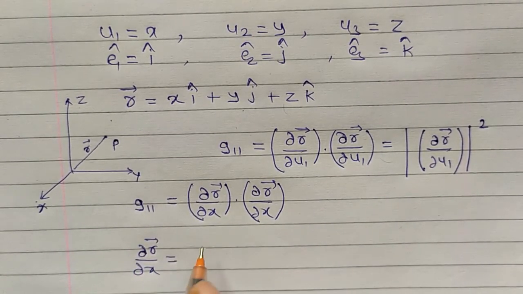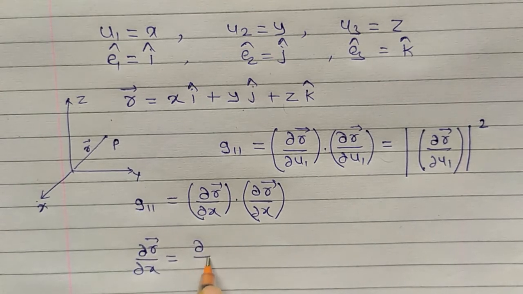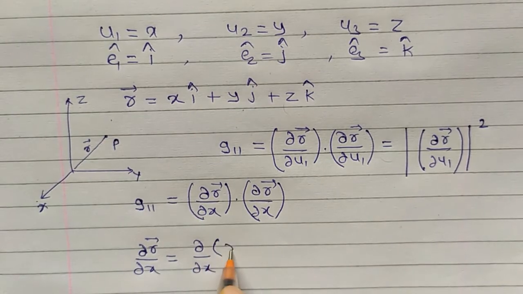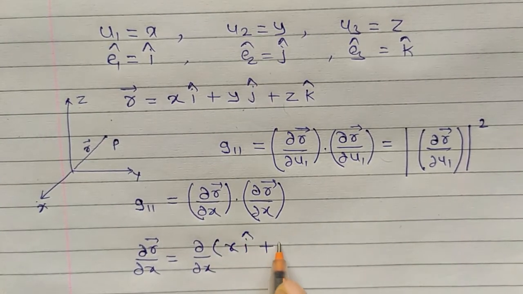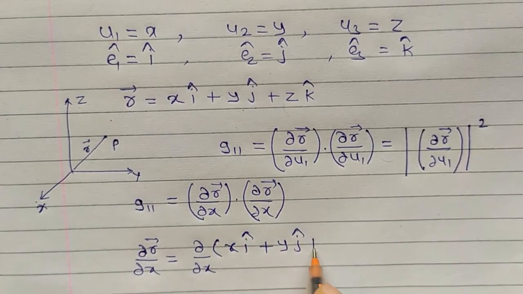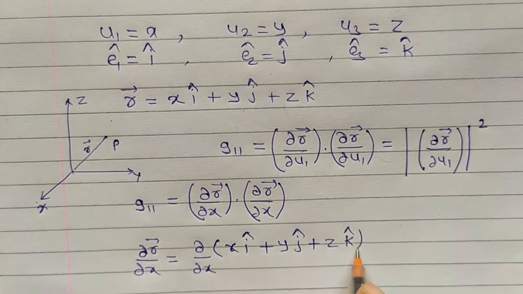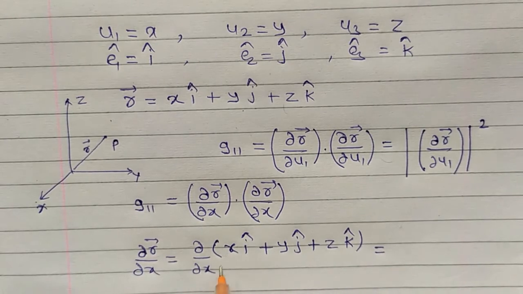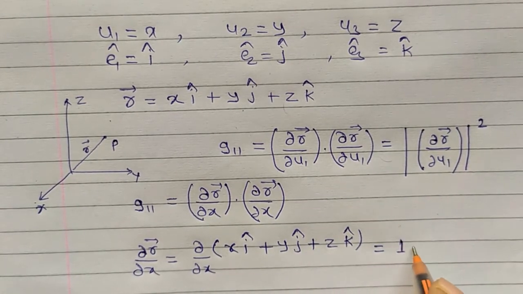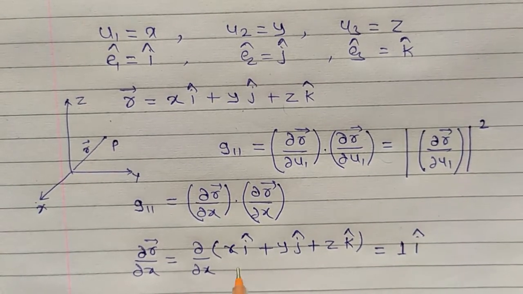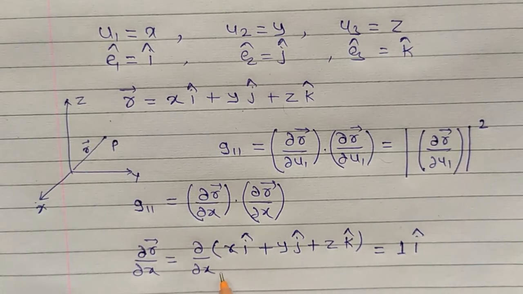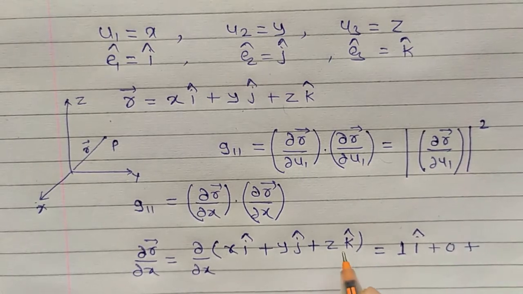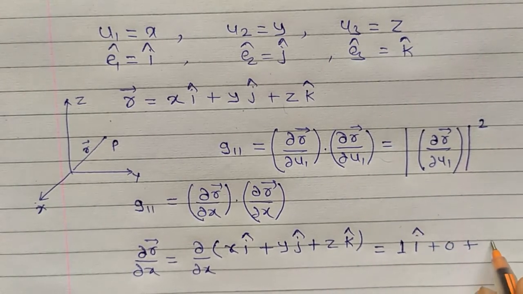So I have to just differentiate r bar with respect to x. You know the value of r bar, that is x i cap plus y j cap plus z k cap. Let us differentiate. If you differentiate x, it will be 1 and then i cap. If you differentiate y with respect to x, then it will be 0, and again if you differentiate z, it will be 0, right?